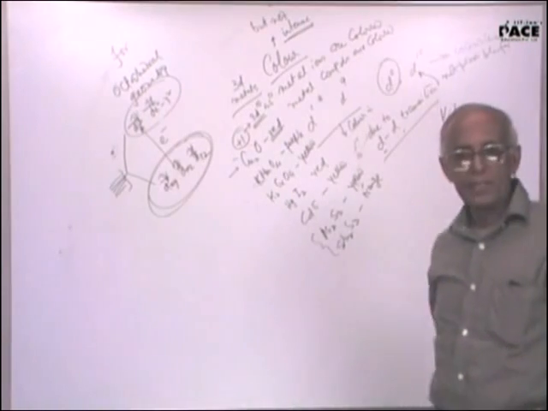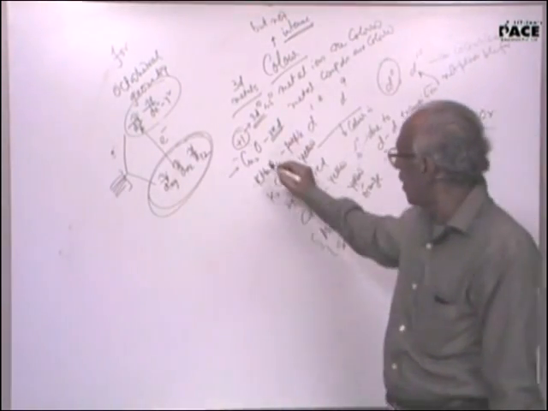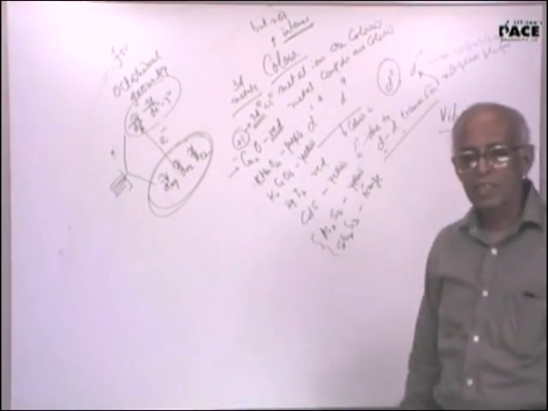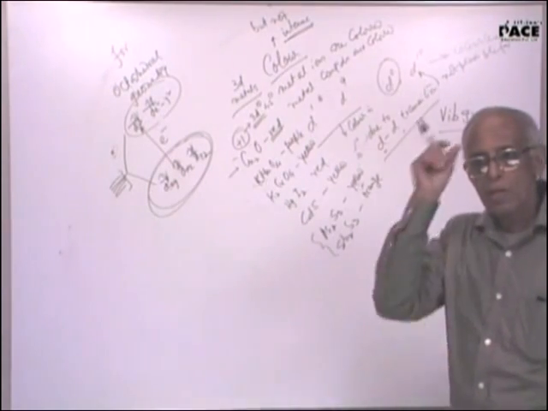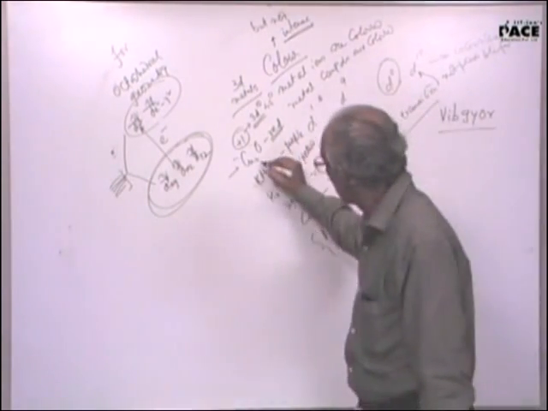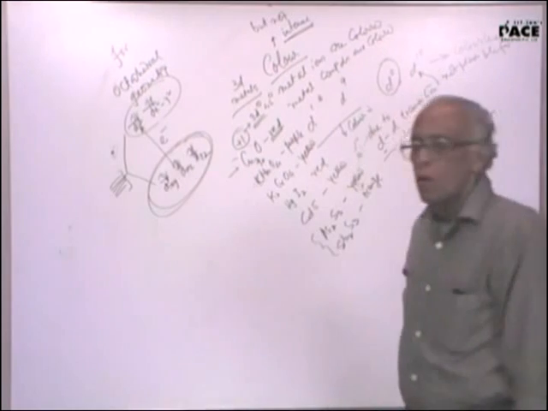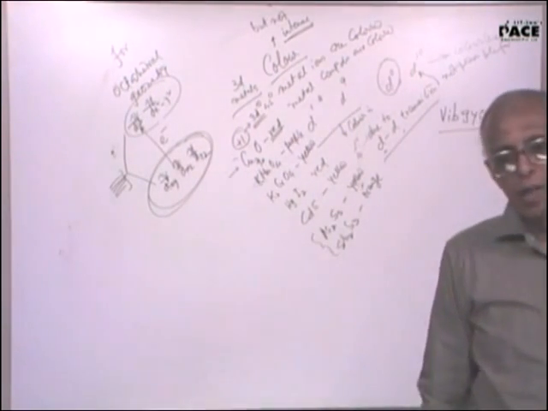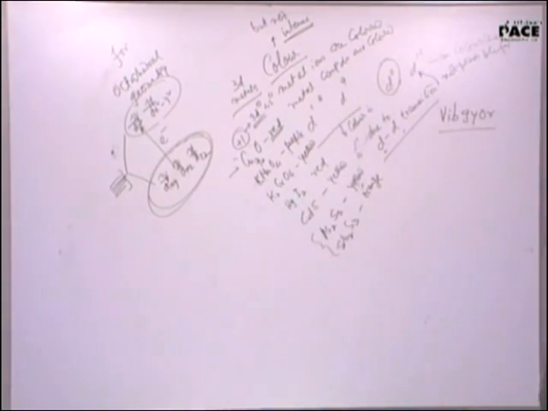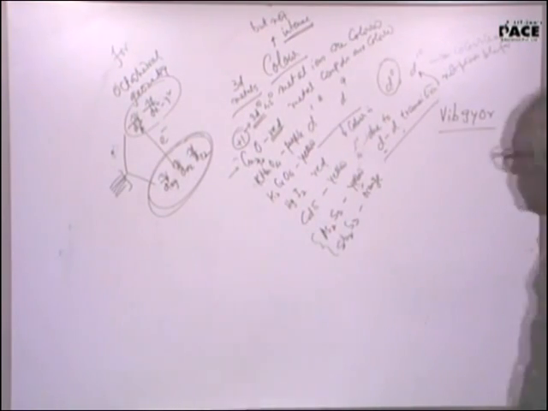Potassium permanganate. What is the oxidation state of manganese? +7. What is the electronic configuration of manganese +7? 3d04s0.